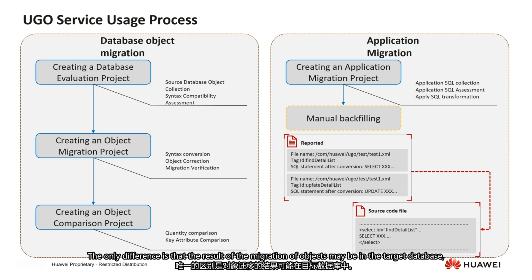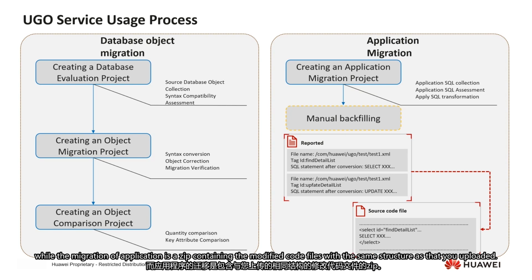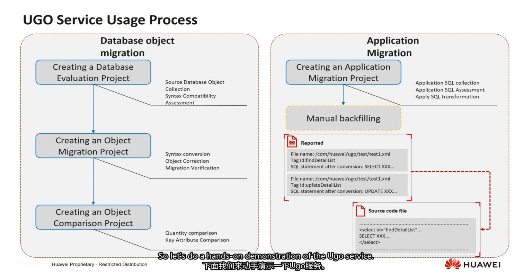The only difference is that the result of the migration of objects lies in the target database, while the migration of application is a zip containing the modified code files with the same structure as that you uploaded. So, let's do a hands-on demonstration of the UGO service.